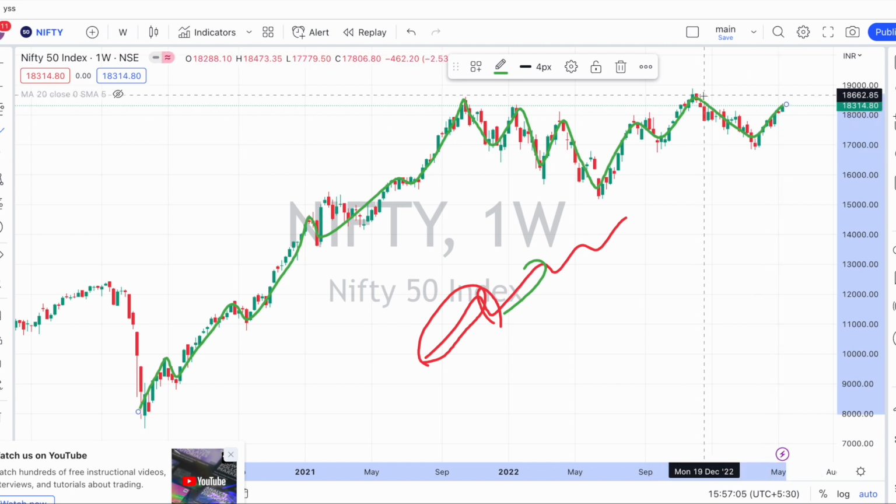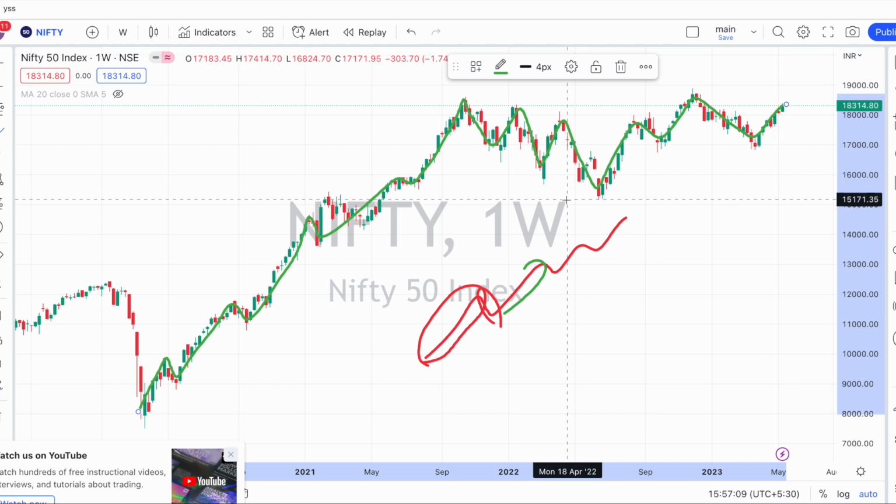And then the same strong moves are slowly coming from the sellers. So what do you understand from this?